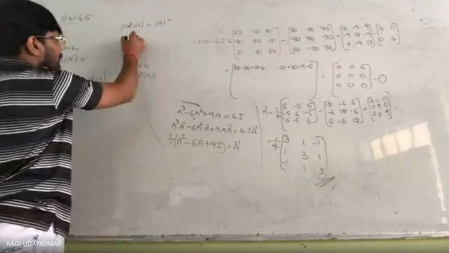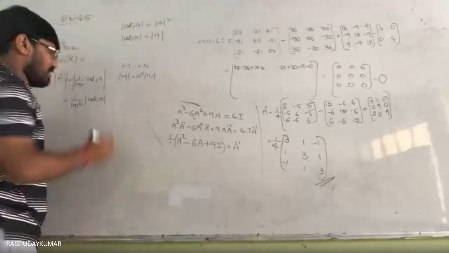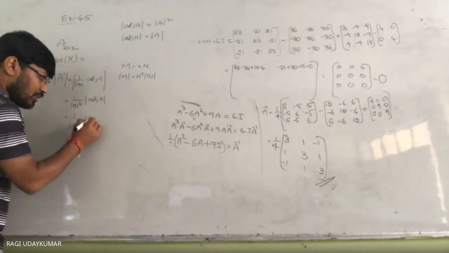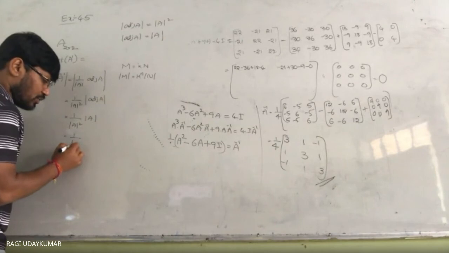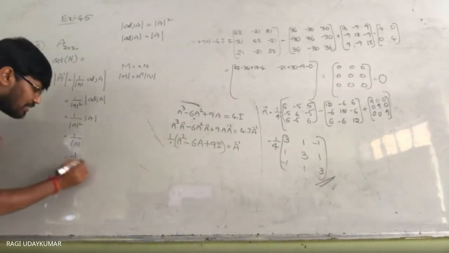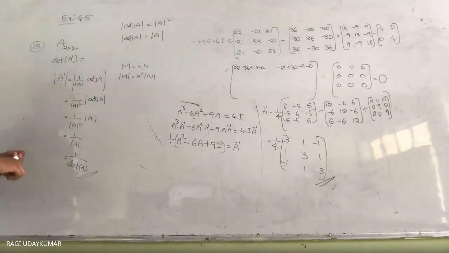The determinant of adjoint of a matrix for a 2 by 2 matrix is just determinant of A. So we get 1 by determinant of A whole square into determinant of A, which is equal to 1 by determinant of A. So we get 1 by det A.